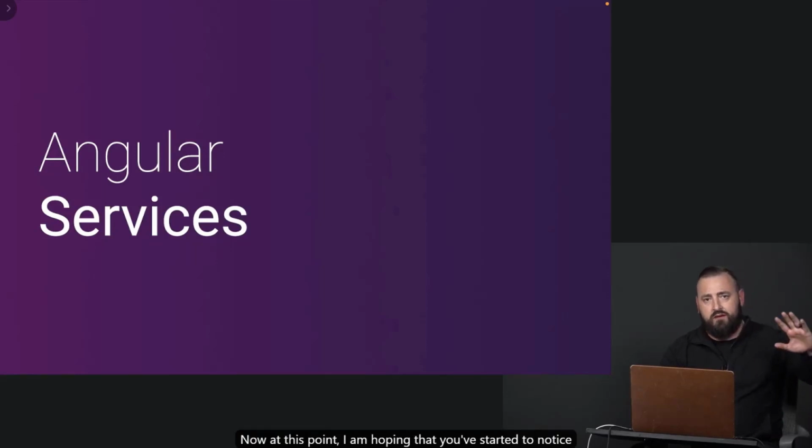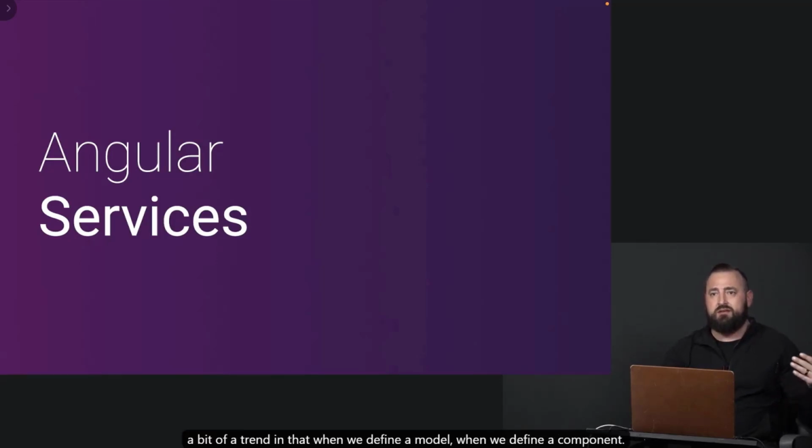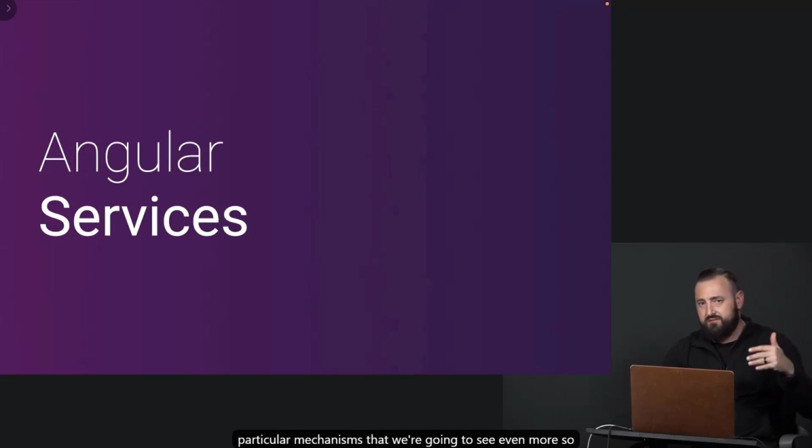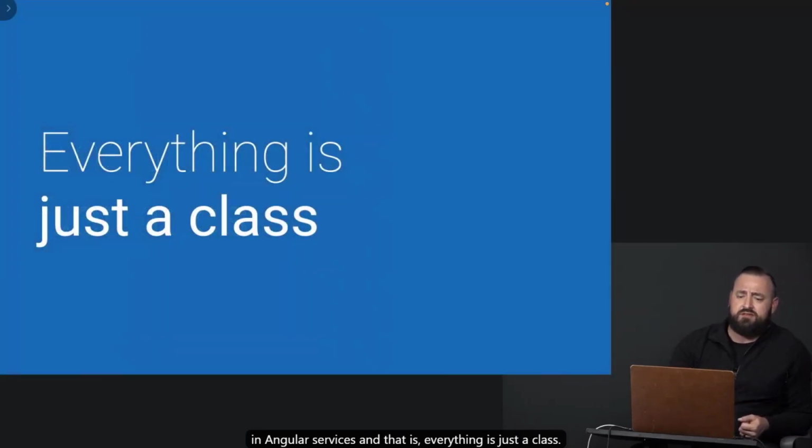Now, at this point, I am hoping that you've started to notice a bit of a trend in that when we define a model, when we define a component, there is something very similar about those particular mechanisms that we're going to see even more so in Angular services. And that is, everything is just a class.